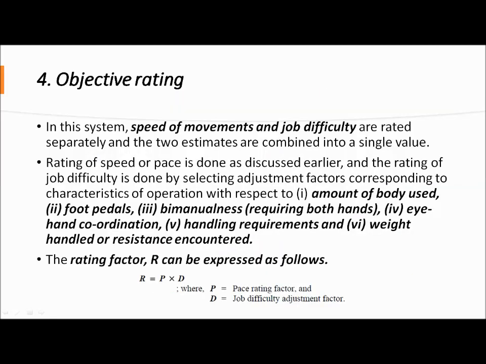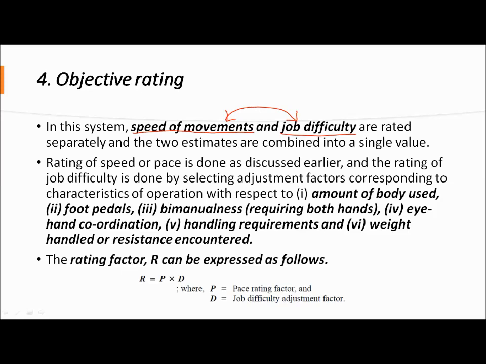Okay, now let's go to what is meant by objective rating. This is the last kind of performance rating system. In this system, you consider the speed of movements and the job difficulty, that is, how difficult the job is to be done. These two are considered in objective rating.